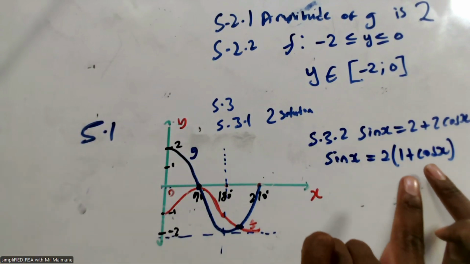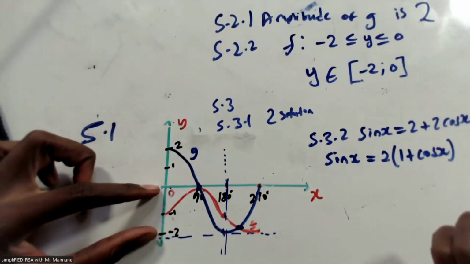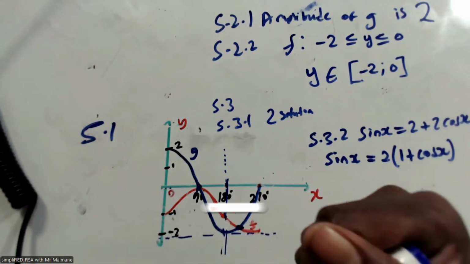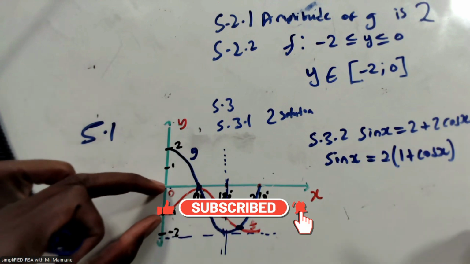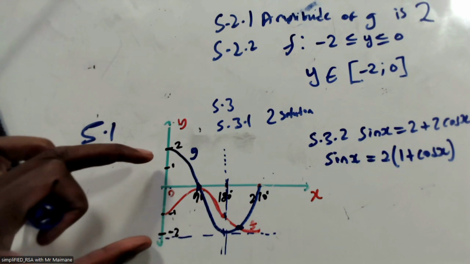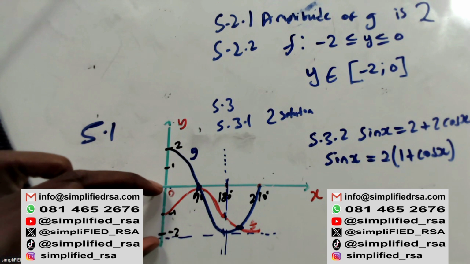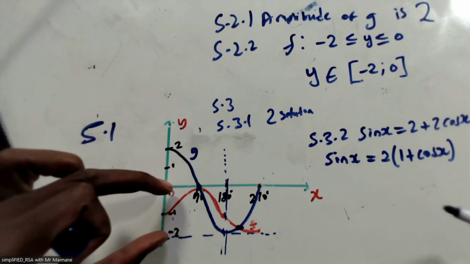Meaning in this situation, we have to find the solution using this graph. We can see that the range for F is -2 to 0, but the range for G is -2 to 1.